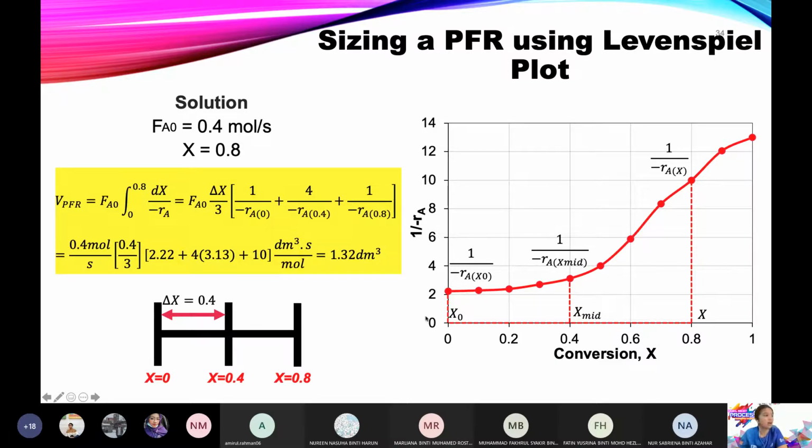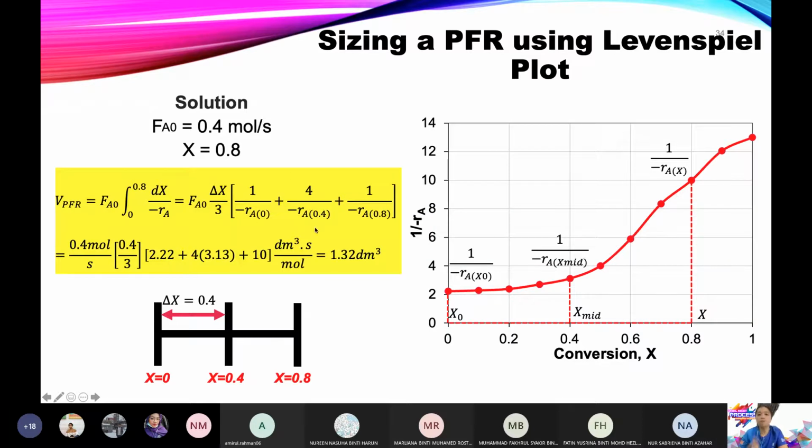When my X is 0, my 1 per minus RA is about 2.22. Tak apa, nanti if in the exam or test, I will give you correctly the number so that you don't have to guess. So at 0, my 1 per minus RA is 2.22, this point. That's why you replace directly with 2.22 sebab dia adalah 1 per minus RA when my X is 0.